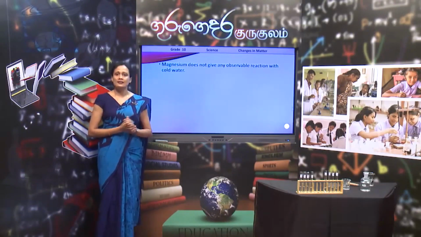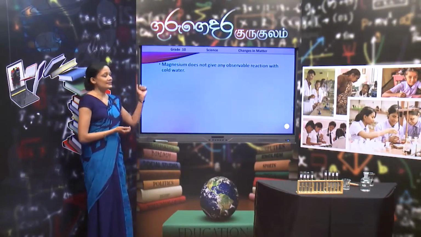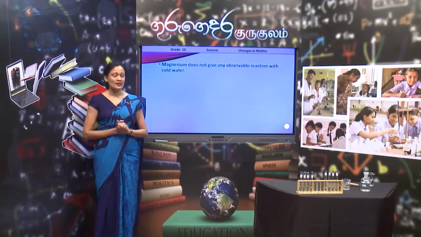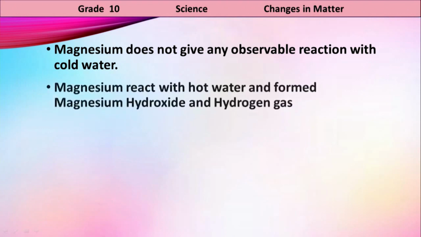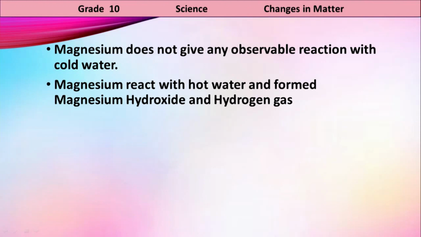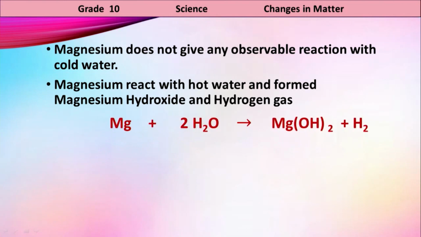If we consider magnesium, magnesium does not give any observable change with cold water. But magnesium reacts with hot water and forms magnesium hydroxide and hydrogen gas. Look at this equation.